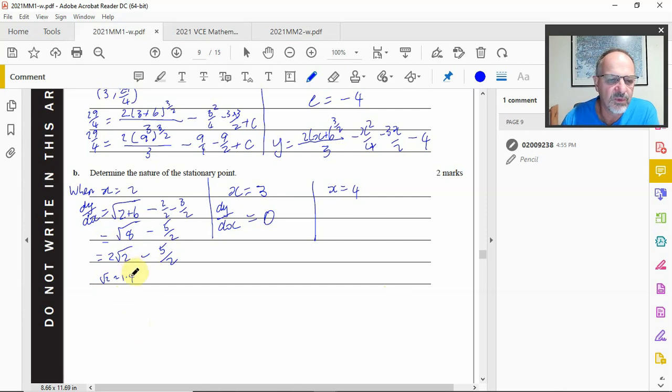So it's about 1.4. That means that's about 2.8, and that's 2.5. So here we've got a positive gradient. We've got 0 gradient there.